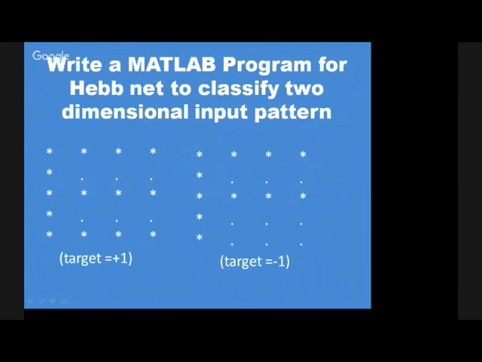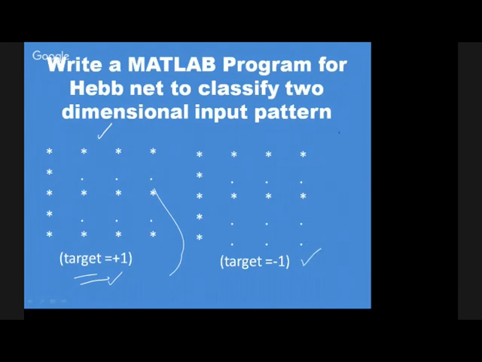So let us do a Matlab program for the Hebbian net or the Hebbian learning to classify this two-dimensional input pattern. This input pattern is given to you: the first pattern is E and the other is F. So we have taken two classes. If we get E, then the target is equal to plus 1, and if we get F, then our target is equal to minus 1.